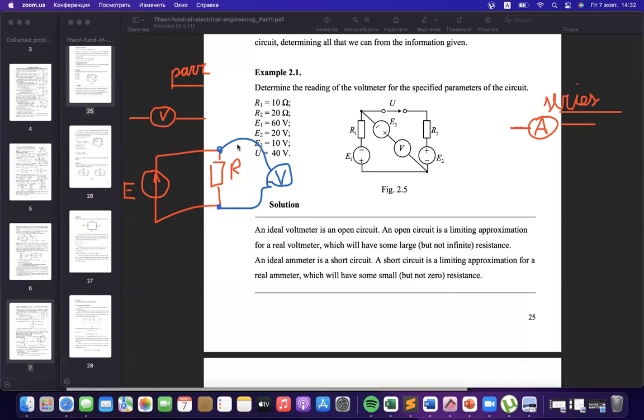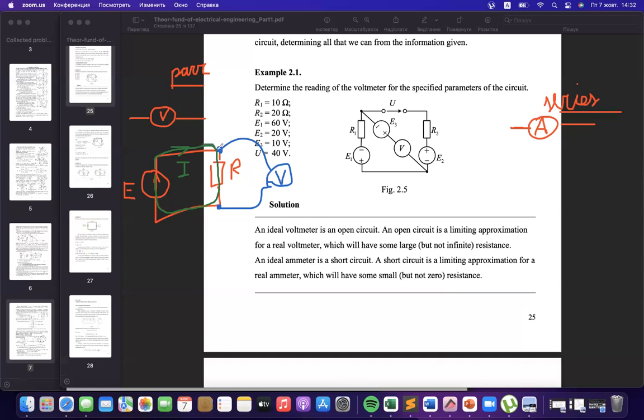How should it work? The current that flows in this circle should stay the same, and this measurement device shouldn't influence this current.